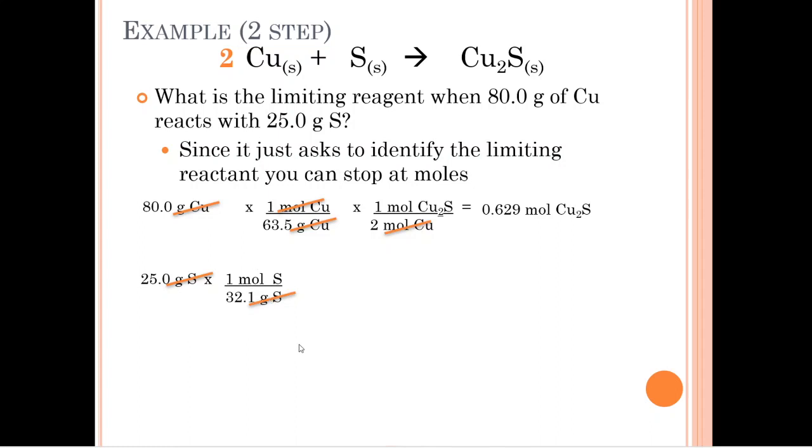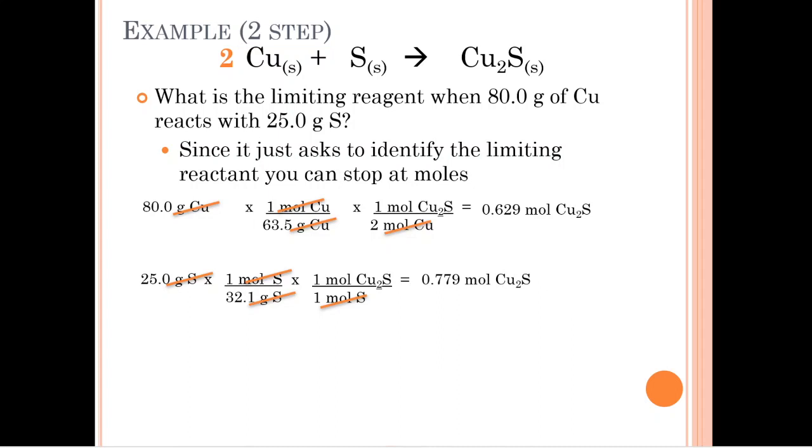Now I can use my balanced equation to convert from moles of sulfur to moles of copper sulfide, which is my product. I have 1 mole of sulfur to 1 mole of copper sulfide, and the units cancel. The math: 25 times 1 divided by 32.1 times 1 divided by 1 gives 0.779 moles of copper sulfide.